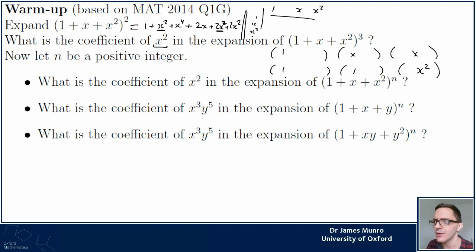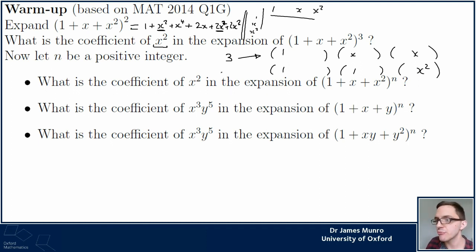Now I've mentioned permutations, or different orders to do these terms in, because those are each going to give me an x squared. Now let's think really carefully. There are 3 ways to do the first line, because I could take the 1 from the first bracket, the second bracket, or the third bracket.